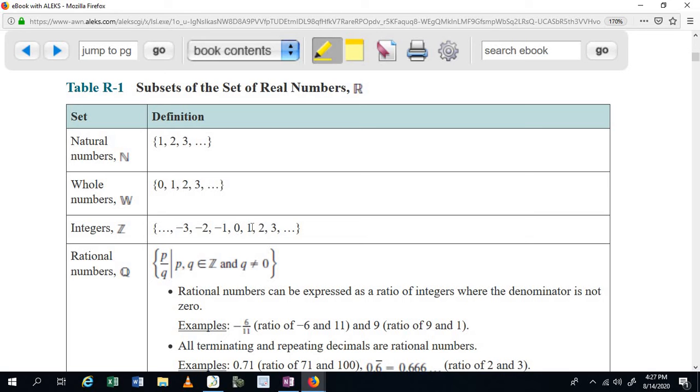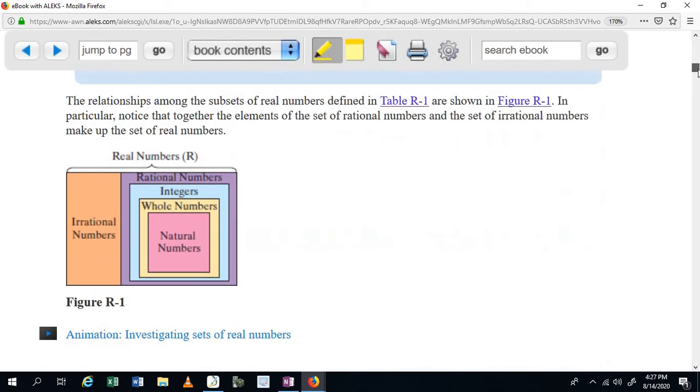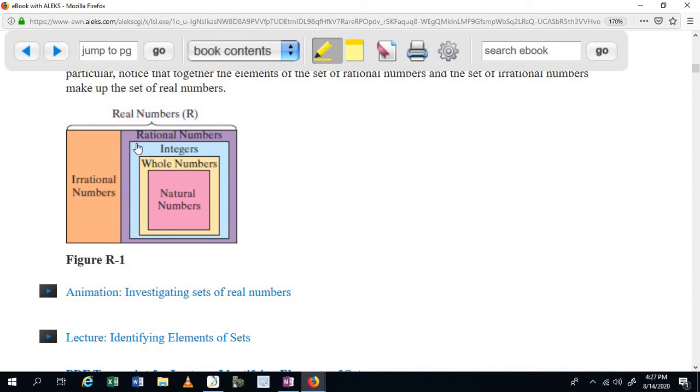Just the numbers 0, 1, 2, and 3 are the whole numbers. And so that's what this diagram is depicting. Within the realm of integers, some of the integers happen to be whole numbers. For example, 3 is an integer, but it's also a whole number. But -7 is an integer, which is not a whole number.